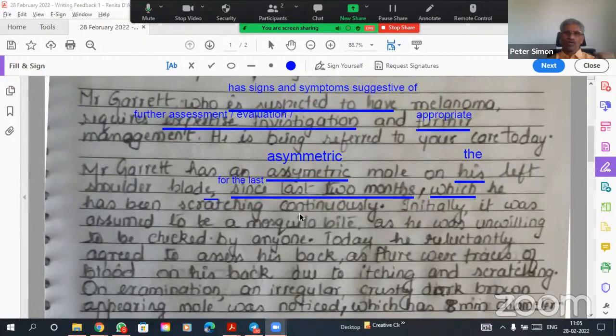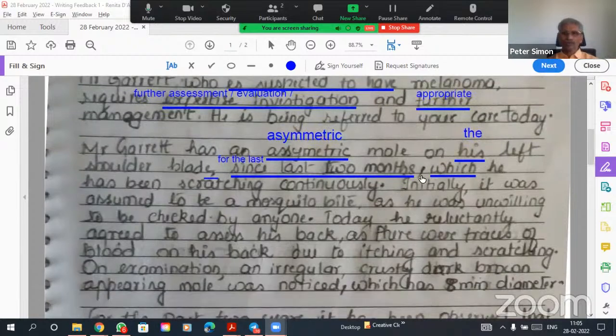You can write two things: since July 2021, or for the last 2 months. Anyone you can use, no problem. So here, the comma should be immediately after months, not in the middle. Which he has been scratching continuously.